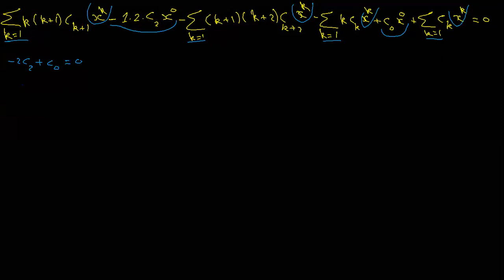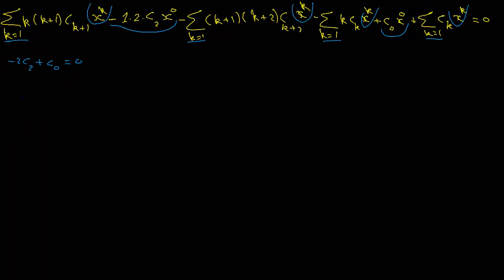So let me write the summation here. Take the coefficients of x to the k to be 0. So you can write k plus 1 ck plus 1, also negative k plus 1, k plus 2, ck plus 2, minus k ck plus ck equals 0.